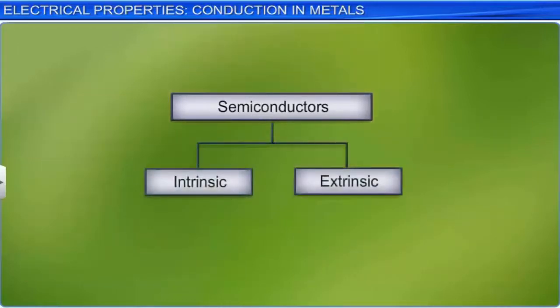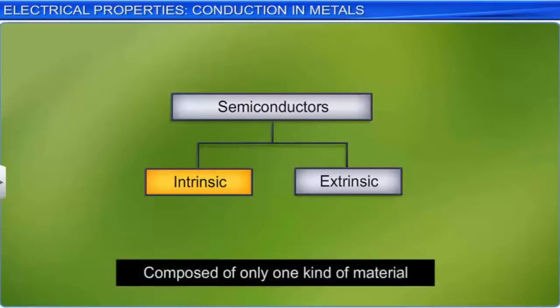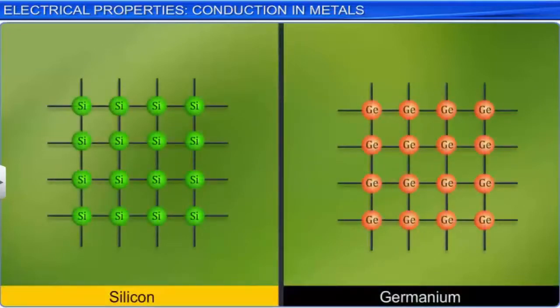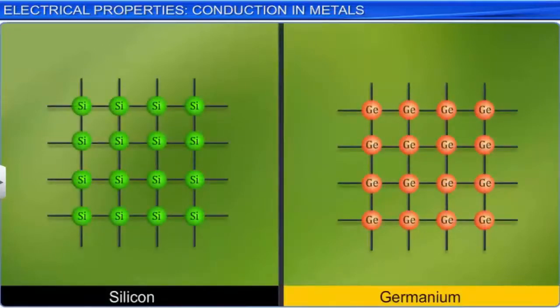First, there are intrinsic semiconductors. These are composed of only one kind of material. Silicon and germanium are two examples of intrinsic semiconductors. They are also called undoped semiconductors.